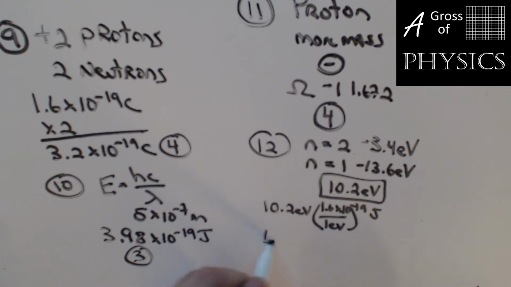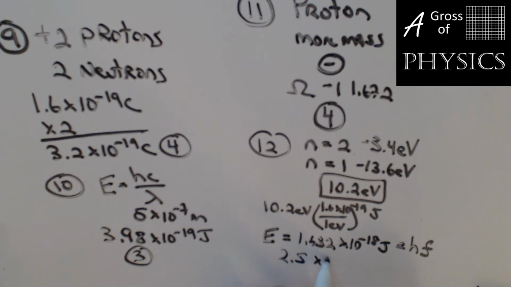So that's my energy, which is 1.632 times 10 to the -18 joules equals hf, divided by 6.63 E -34. And we have 2.5 times 10 to the 15, and we're finding frequency, so that's hertz. So if I look at my chart for the light section, and I look at 10 to the 15, that's going to be in the ultraviolet. So it's UV radiation, and that's going to be choice 1.